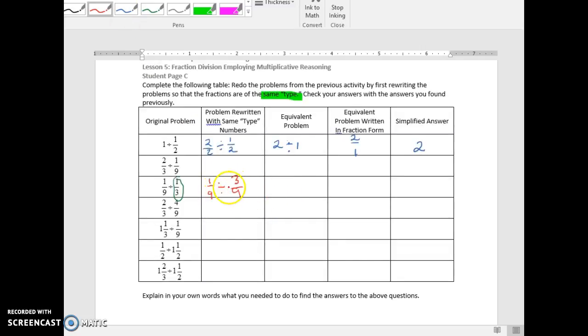Now we have 1/9 divided by 3/9, and so we have the equivalent of 1 divided by 3. Because we have these common colors, common denominators, we now have 1 divided by 3. That fraction looks like 1 divided by 3, or 1/3. As you can see, we changed the 1/3 into 3/9, and now that we have common denominators, or equivalent colors, we can write the equivalent problem 1 divided by 3.